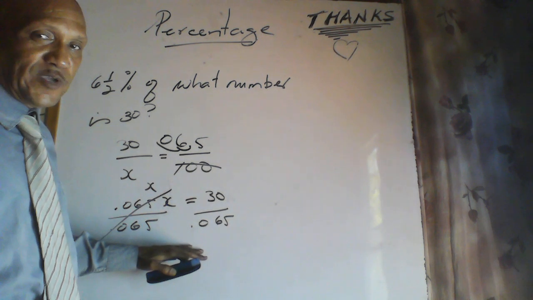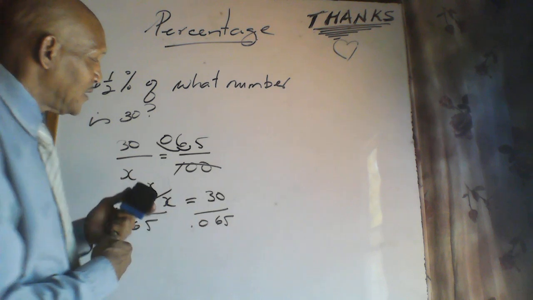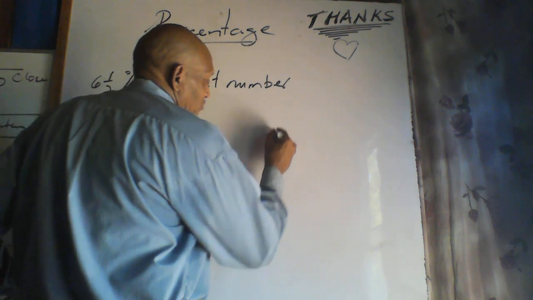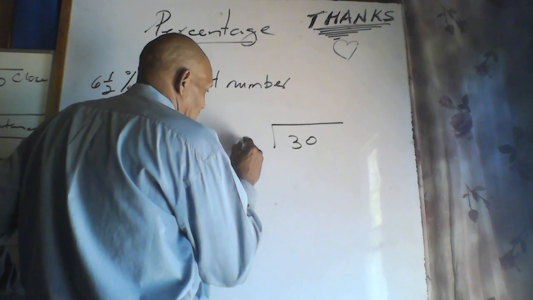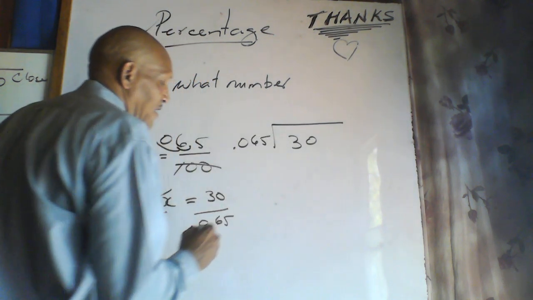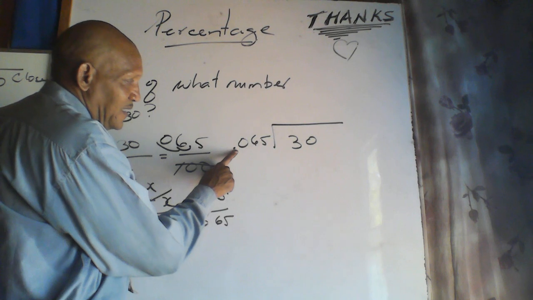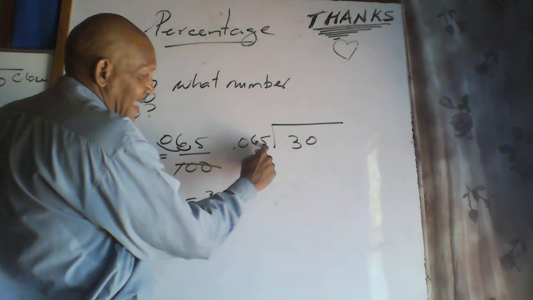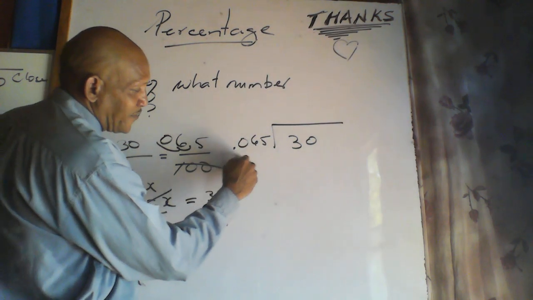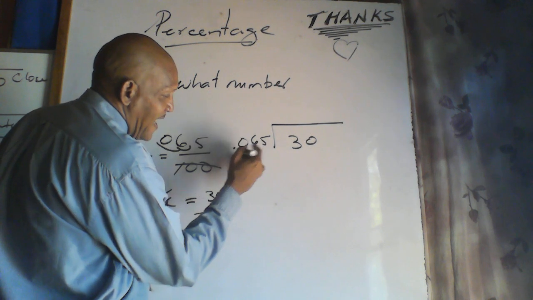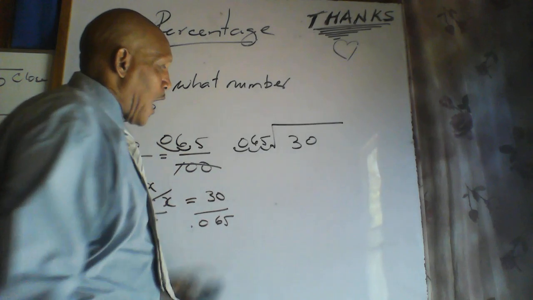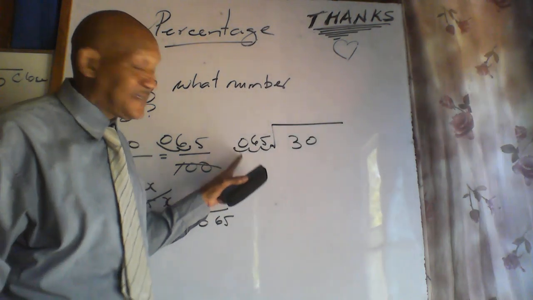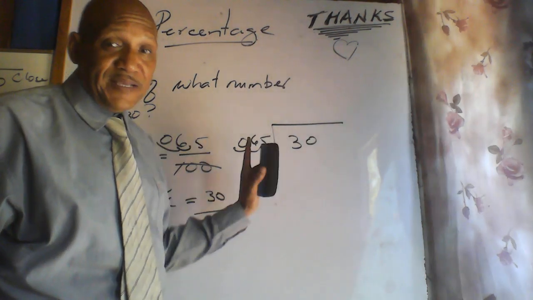Remember, I said you cannot divide by a decimal. So this is actually this. 30 divided by 0.065. I have to get rid of the decimal by moving it to the last number. In this case, I move it 3 places to get behind the 5. 1, 2, 3. However many places I move it on this side, I move it the same amount of places on that side.